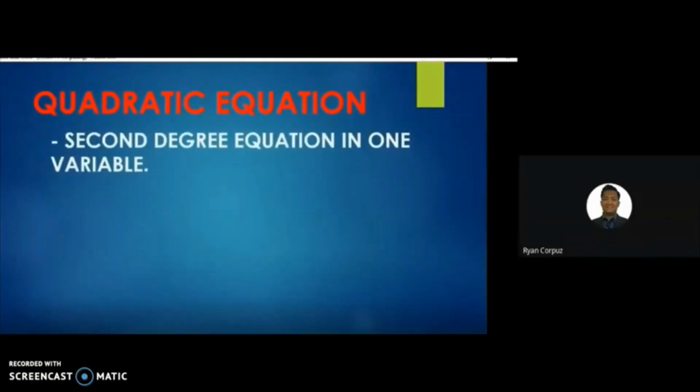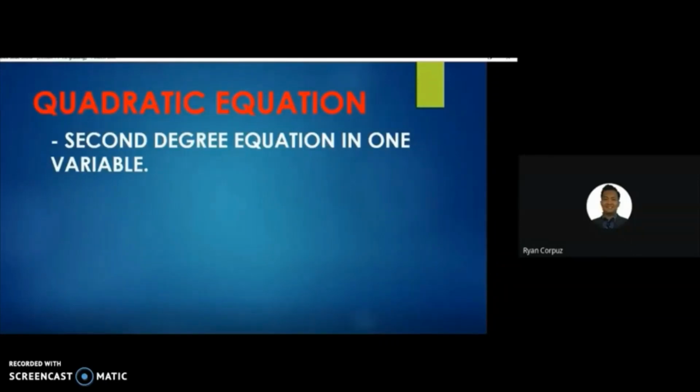Quadratic equation is defined as a second degree equation in one variable. A second degree equation. So if you've seen an equation in a second degree, then we are pertaining to a quadratic equation. But it's not always that whenever we see an equation whose highest exponent is 2, it is right away a quadratic equation.